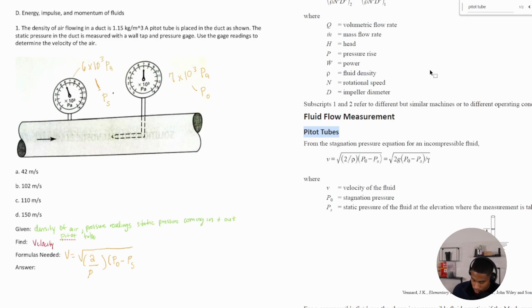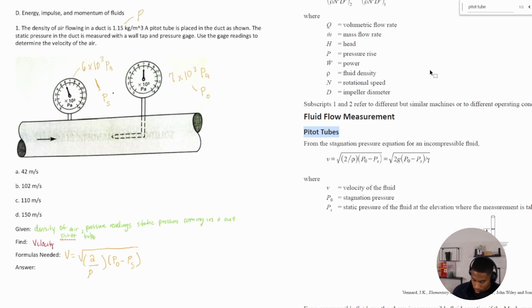Now, do we know what rho is? Yes, we know the density of the air, right? This is rho. All right, so we have rho, we have P0, and we have PS. Now it's just time to solve, right?